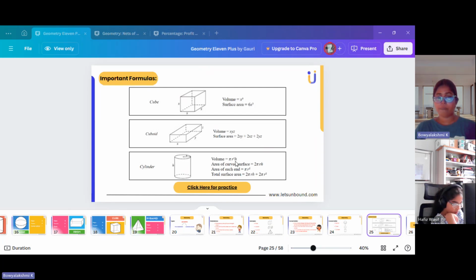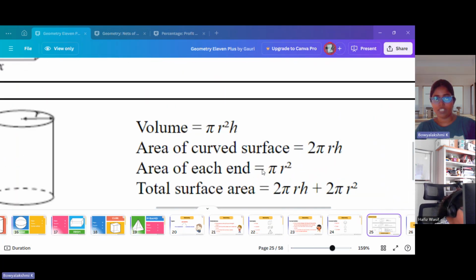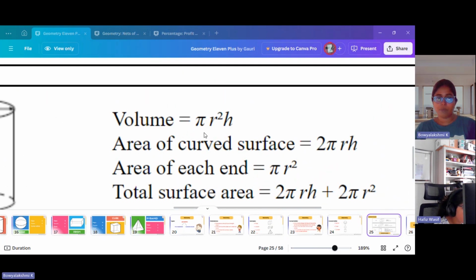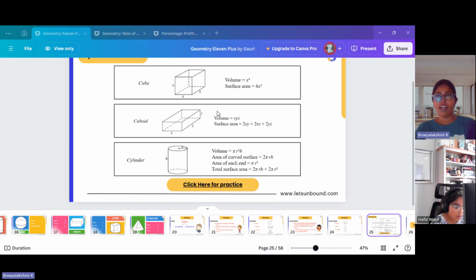And cylinder, it's pi r square h. Do you know what is pi? This symbol is called pi. I will zoom in on it. Yeah, this is a famous irrational number.